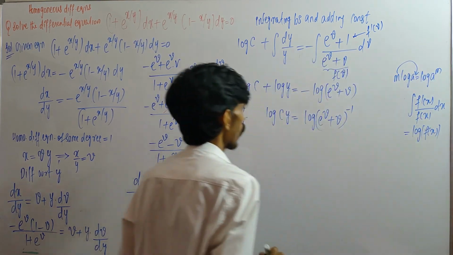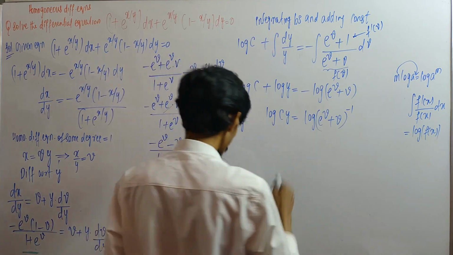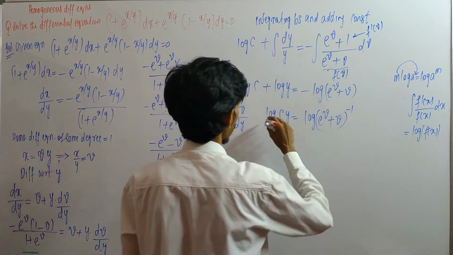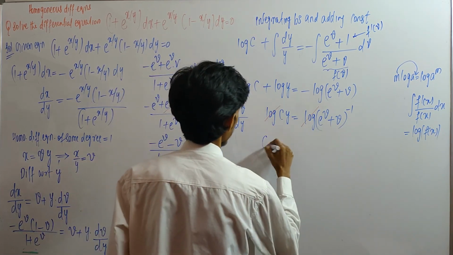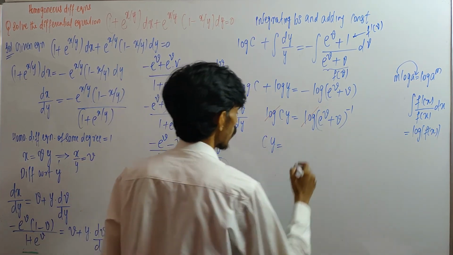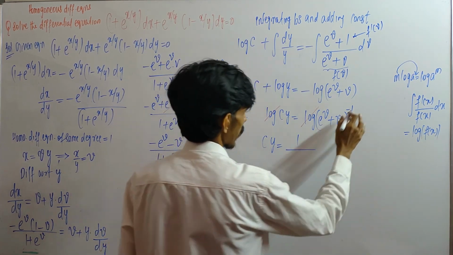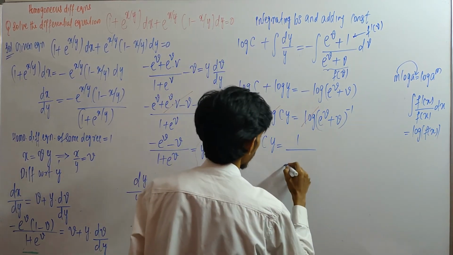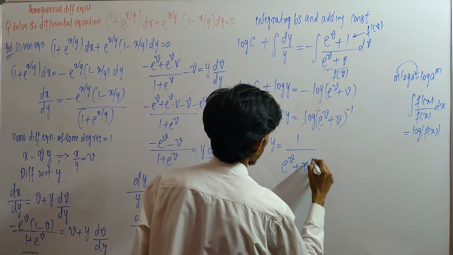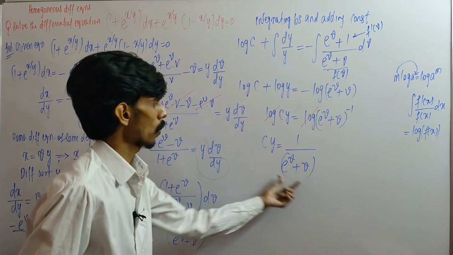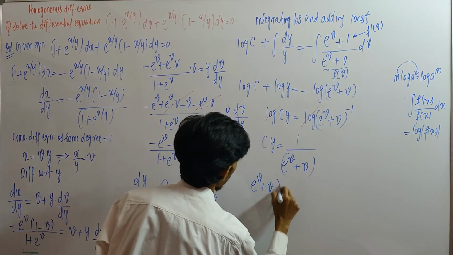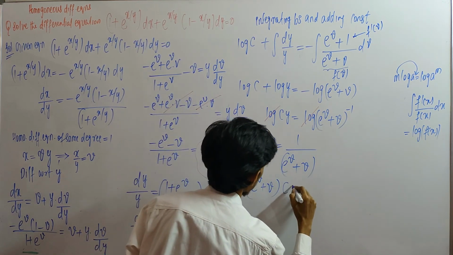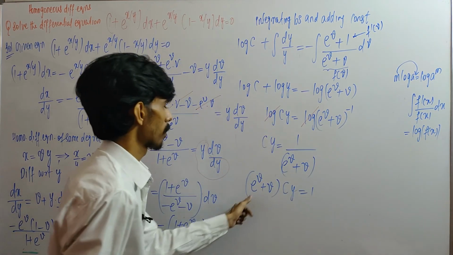So here this log and this log will get cancelled. Here I have cy is equal to 1 upon e power of v plus v. Now cross multiply, here I'll get e power of v plus v into cy is equal to 1.